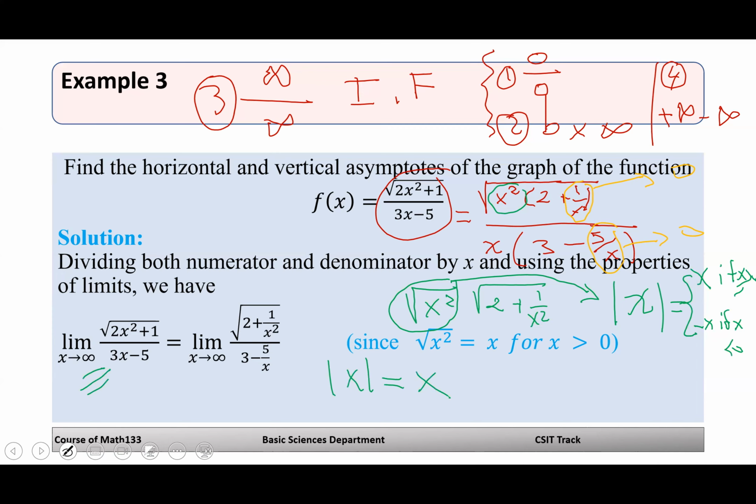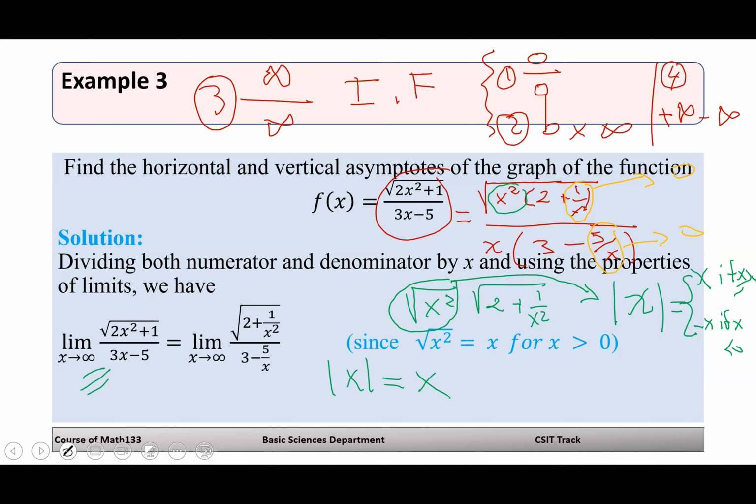And here comes the simplification. Look at the function f of x now. It will give x root 2 plus 1 over x squared over x times 3 minus 5 over x.